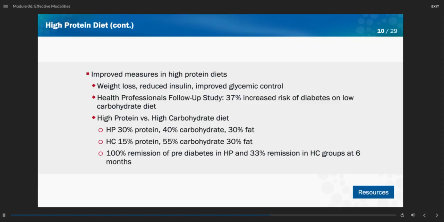In the high-carbohydrate diet, they had reduced the protein down to 15% with 55% carbohydrate and 30% fat. So really no difference in the fat intake, which is important when we understand some of the insulin resistance associated with intramyocellular fat. Well, this study found that there was a 100% remission of prediabetes in the high-protein diet and a 33% remission in the high-carbohydrate diet at 6 months.